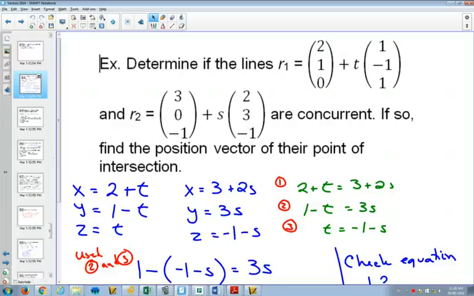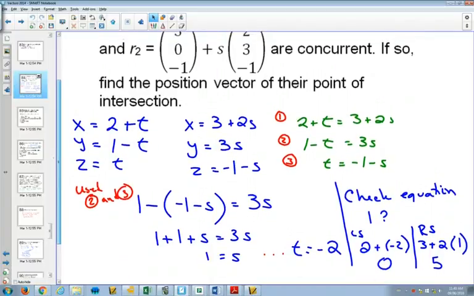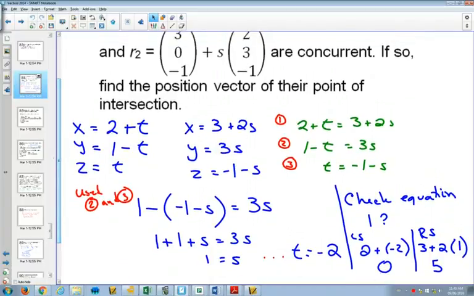So what I did is I used equation 2 and 3 to solve for s and t. The reason I chose 2 and 3 is because t is already by itself, so it would be super easy to use substitution in this case. We've been using elimination for a lot of things so far, but in this one it's going to be easy to use substitution.